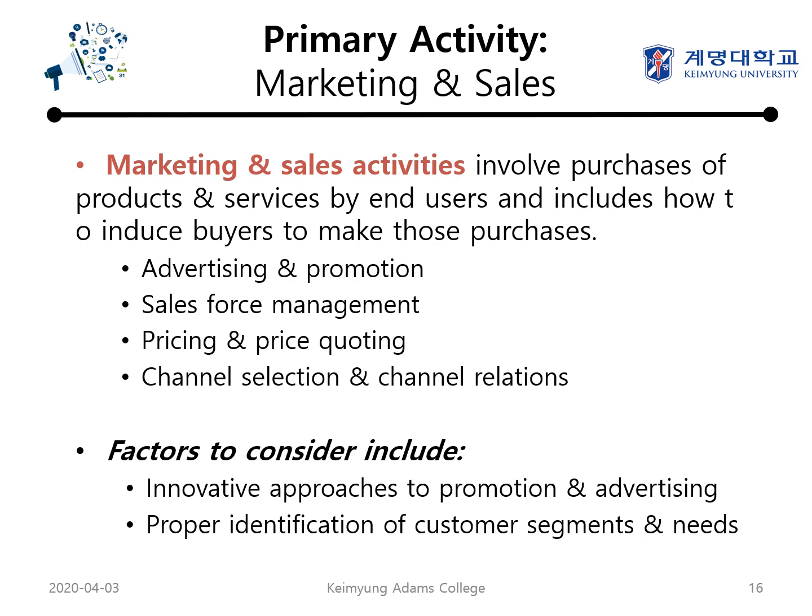The next category under primary activity is marketing and sales. Marketing and sales activities are associated with purchases of products and services by end users and the inducements to get them to make purchases. They include advertising, promotion, sales force, quoting, channel selection, channel relations, and pricing.